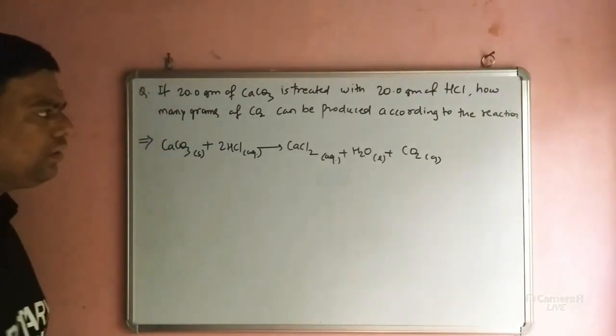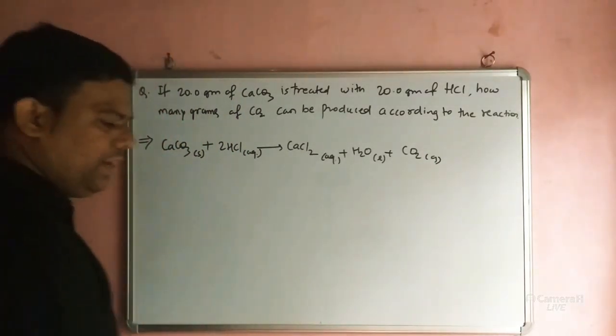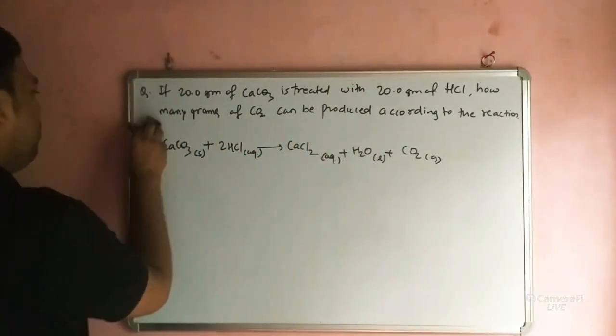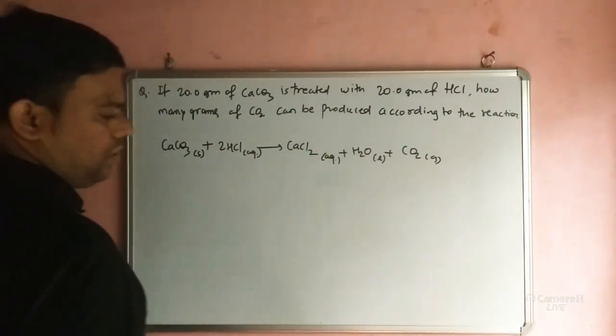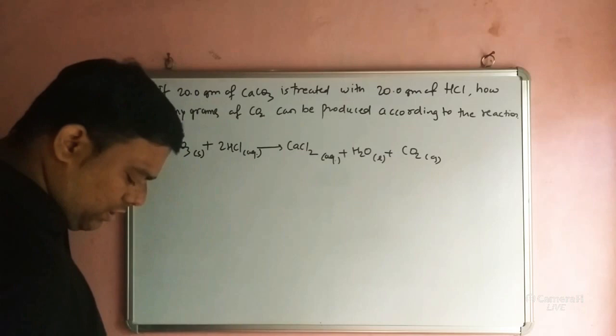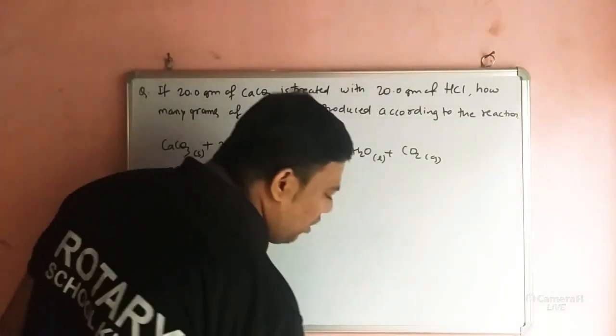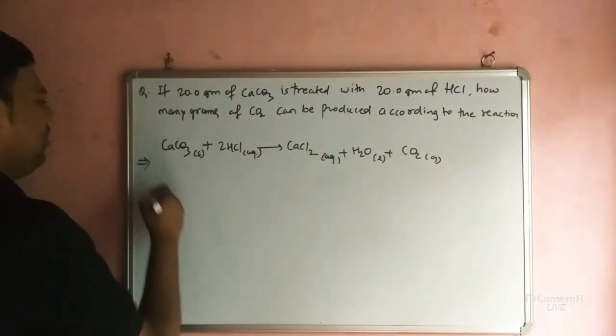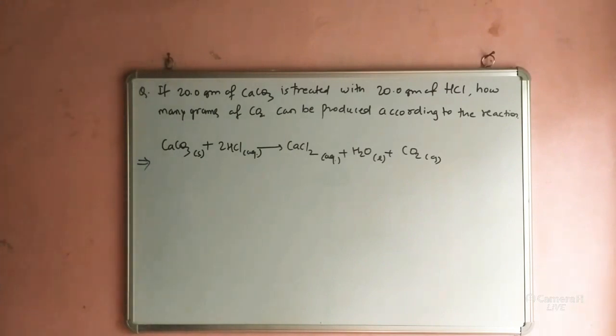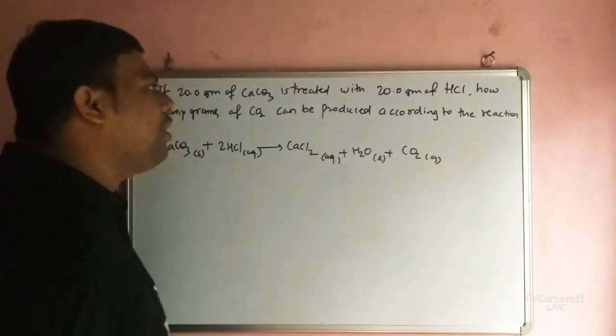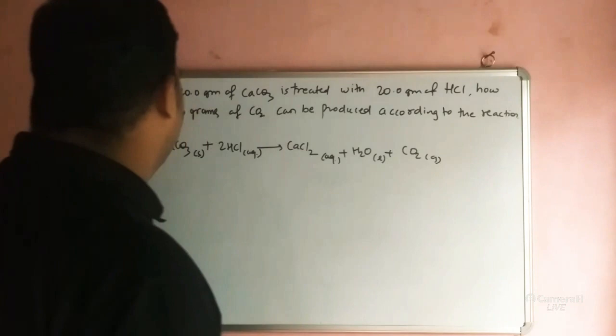So beta, you have to write this equation. That is your question. First you have to rewrite this question carefully. If 20 gram of calcium carbonate is treated with 20 gram of HCl, how many grams of CO2 can be produced according to the reaction?